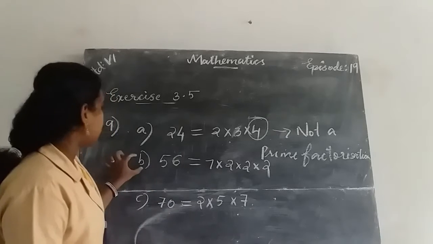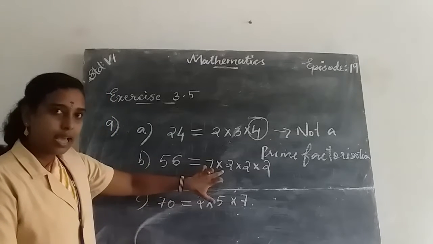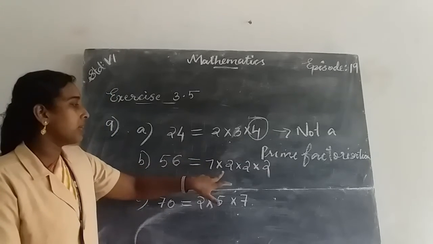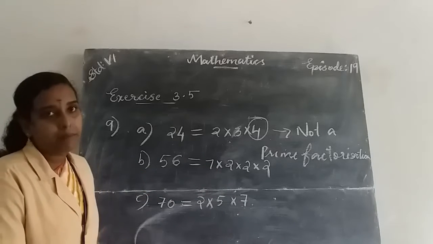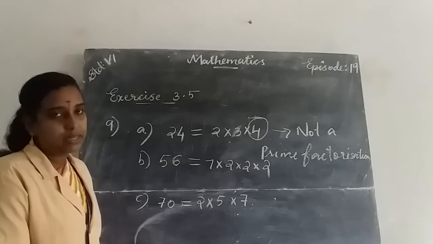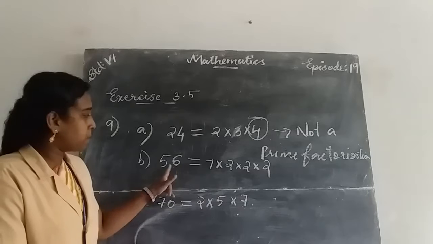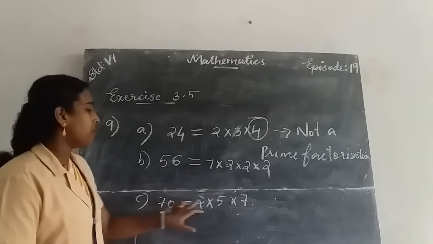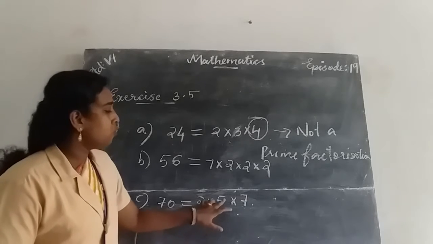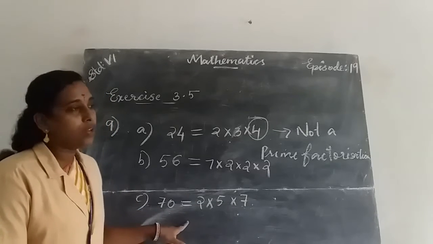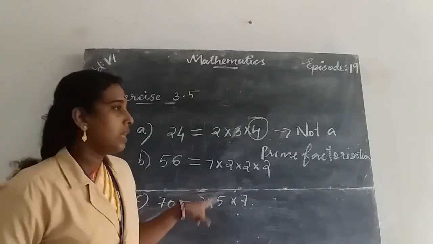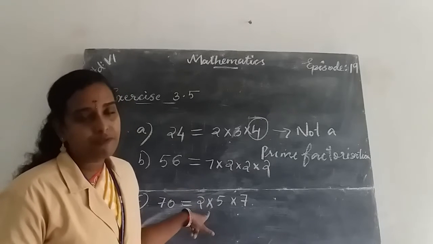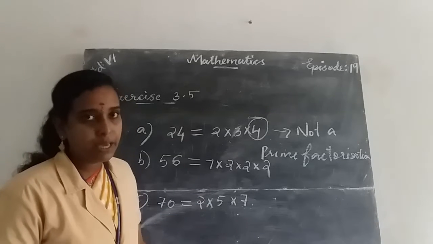In expression B, prime factorization has been done because the given factors, 7 and 2, are prime numbers. And in the expression of 70, 2 into 5 into 7, the numbers 2, 5 and 7 are prime numbers, so prime factorization has been done.